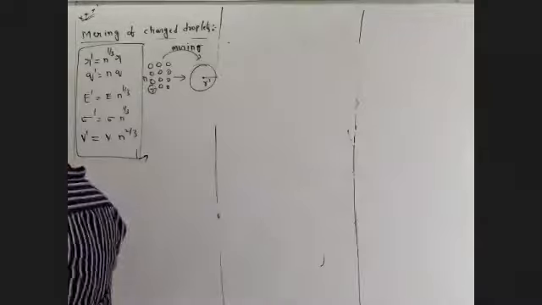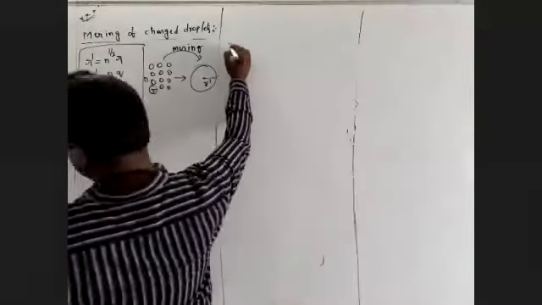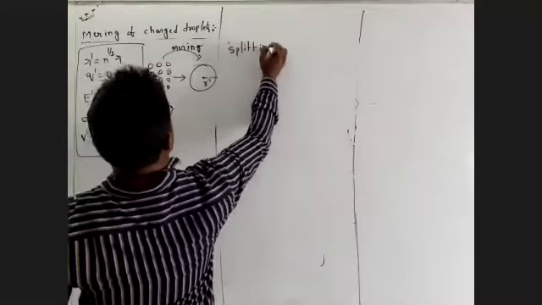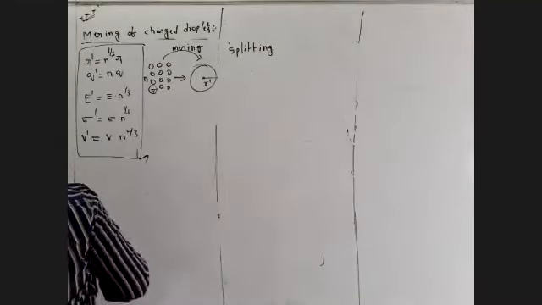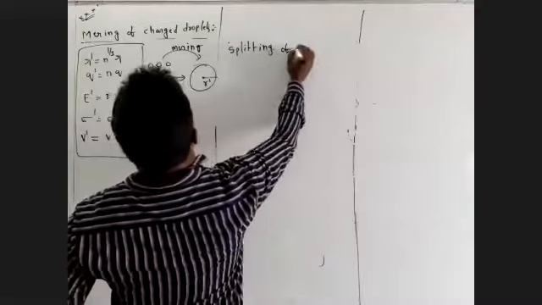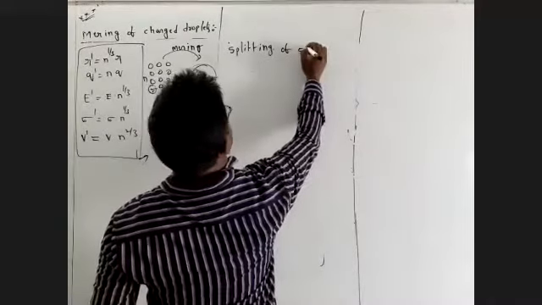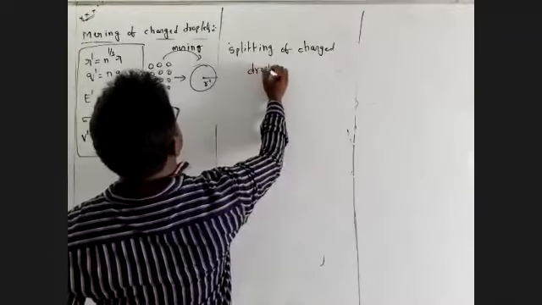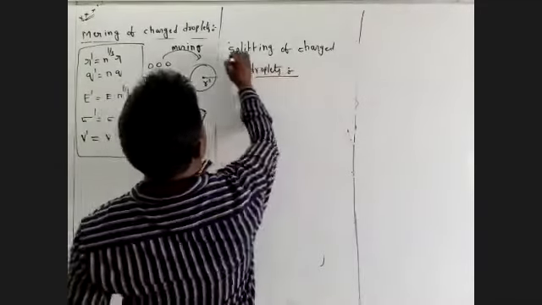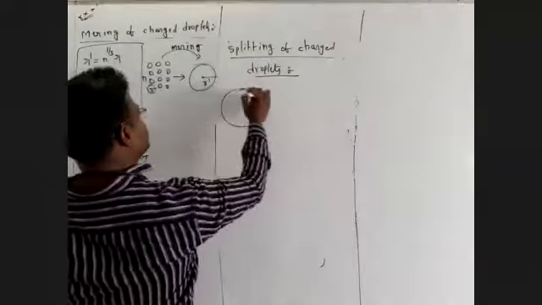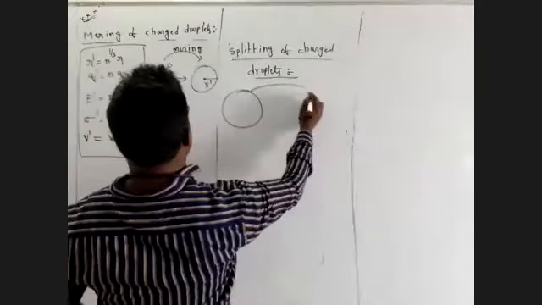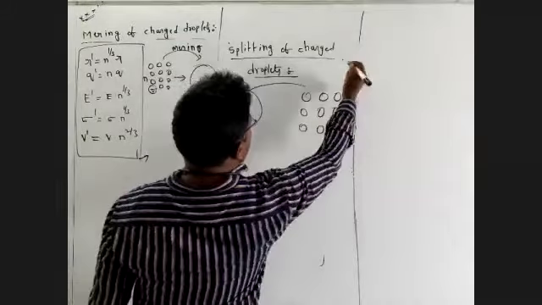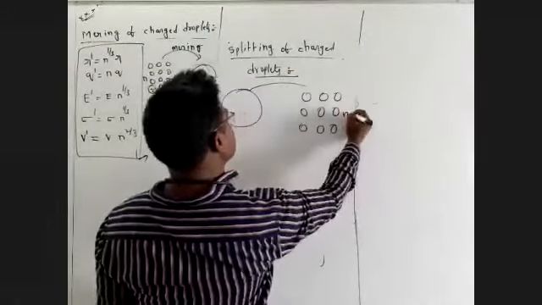The reverse process is what we call splitting of charged droplets. A bigger drop can be split into a number of drops.